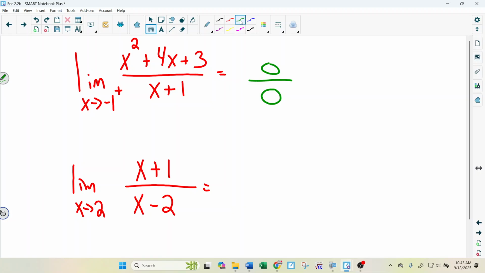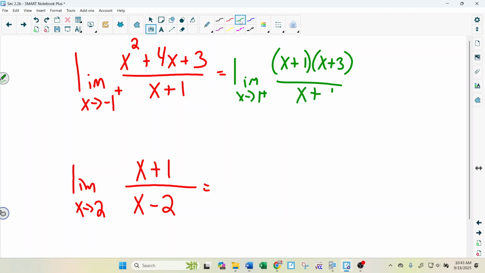So if we factor that like that, and you plug in, oh, there should be a negative there, sorry, -1 in, what do you get? 2.